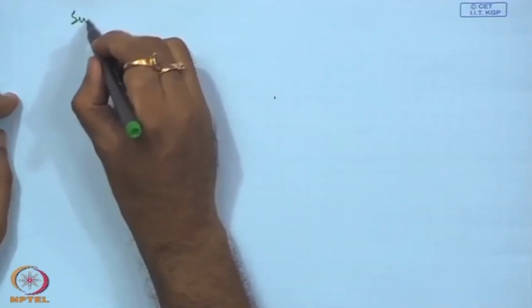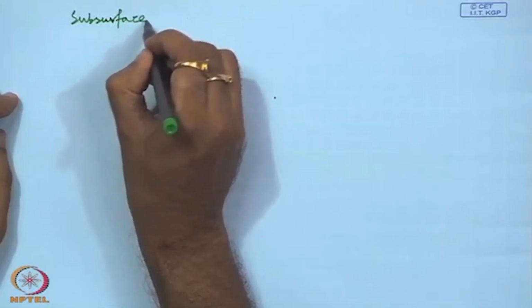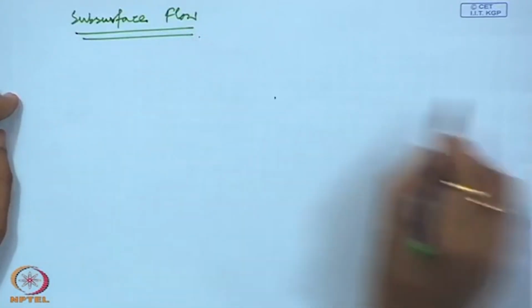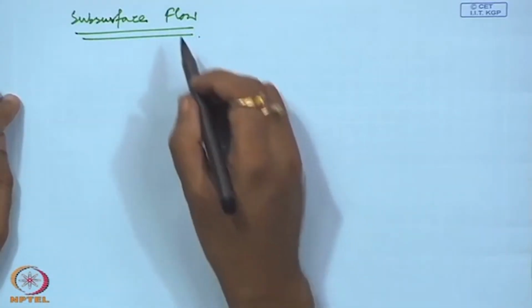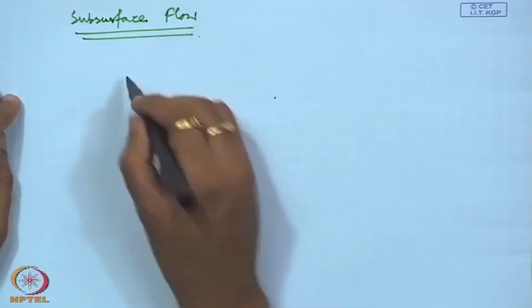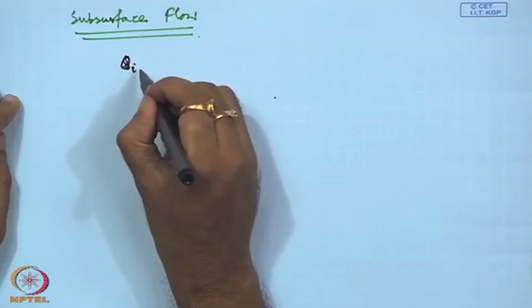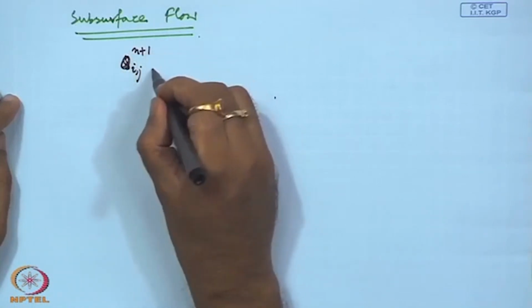Subsurface flow. So in this one, one way is that we can discretize our original equation, that is theta i j, because it is a 2-dimensional thing.